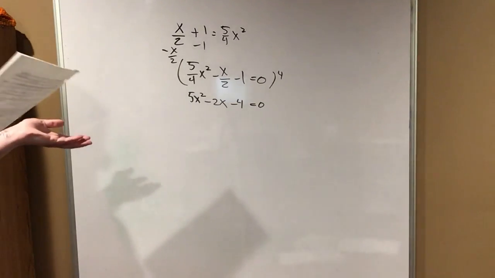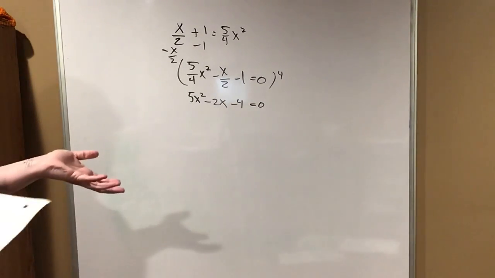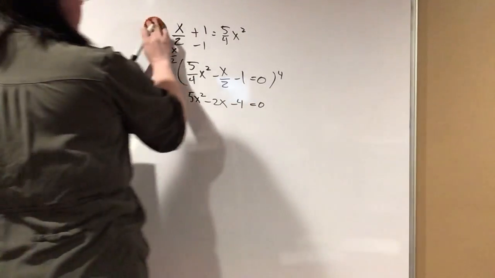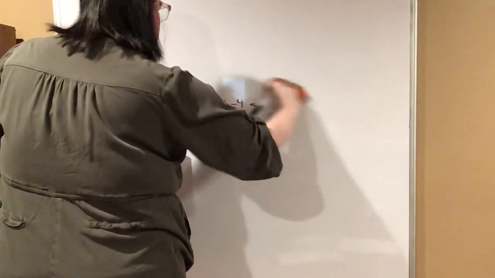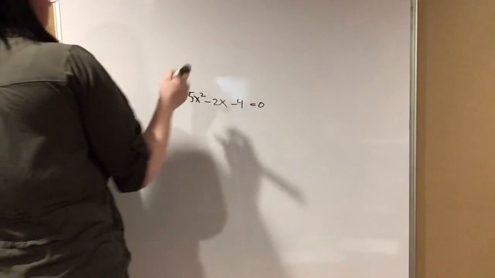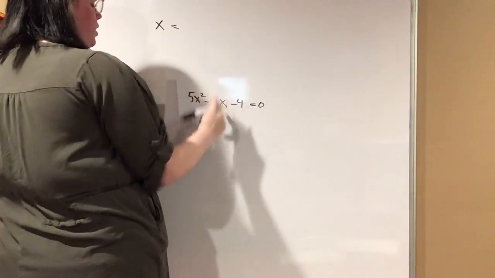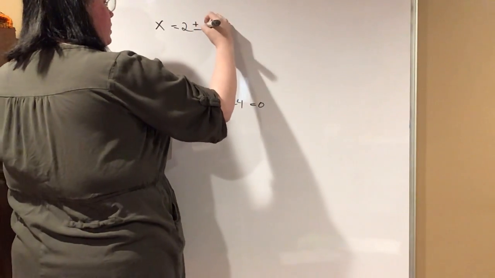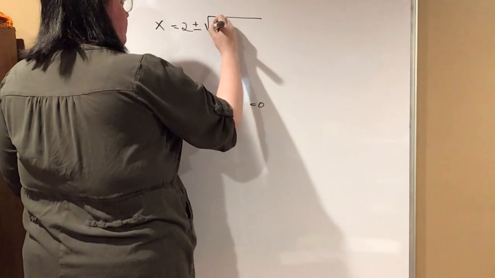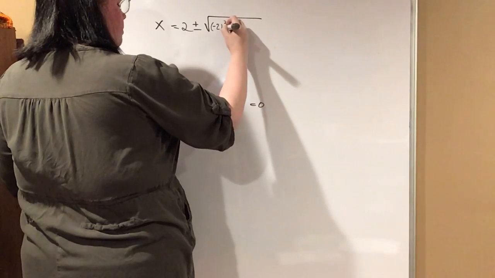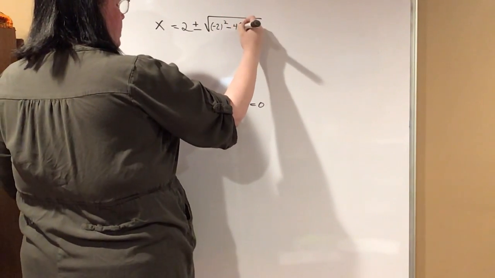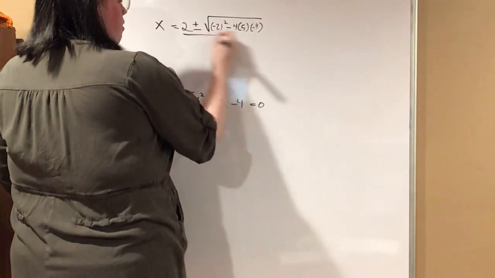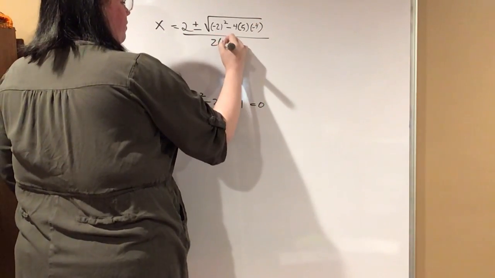So I have that. So now we're going to use our quadratic equation to solve it. So I'm going to erase this guy and we'll put the quadratic above. So x equals opposite of negative 2, so 2 plus or minus the square root of negative 2 squared minus 4 times 5 times negative 4 all over 2 times 5.